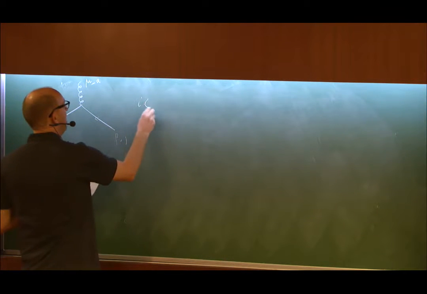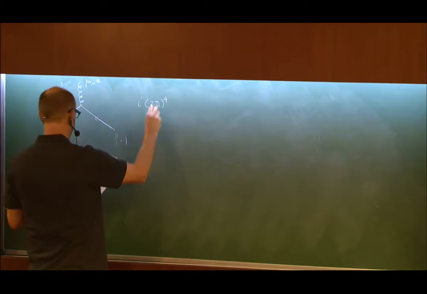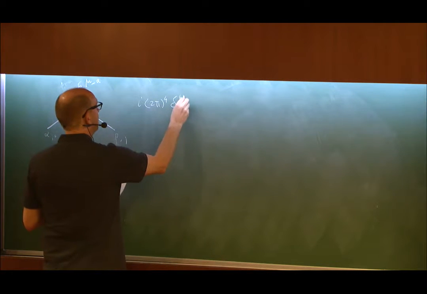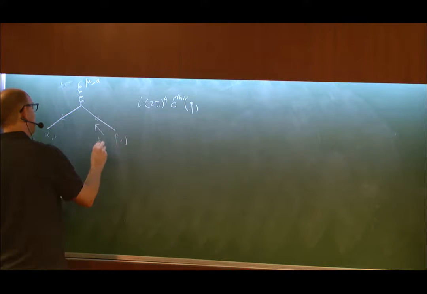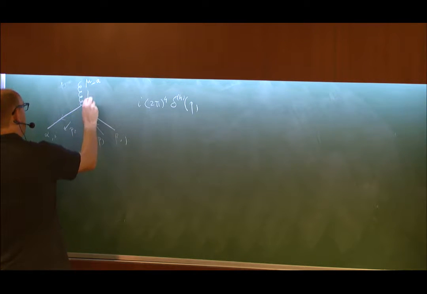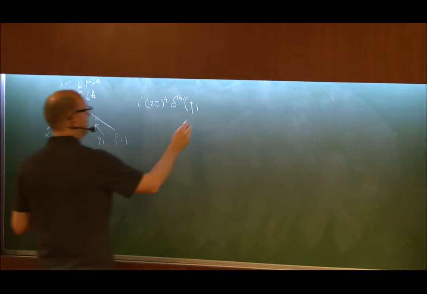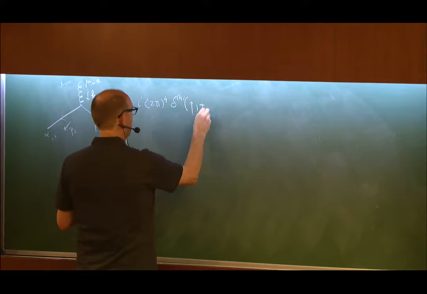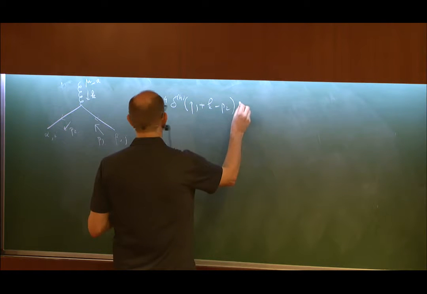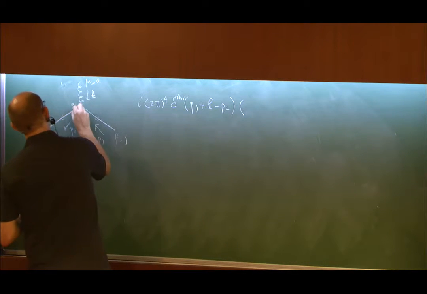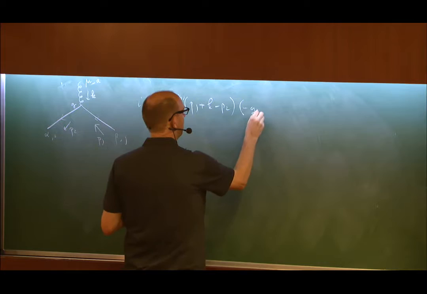And this then is the rule: i 2 pi to the 4th, momentum conserving delta function. So if P1 comes in here, P2 goes in there, and K comes in here, there's P1 plus K minus P2. And the strength is a parameter here, it's minus g.